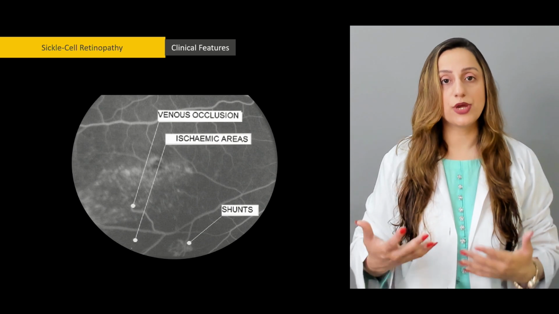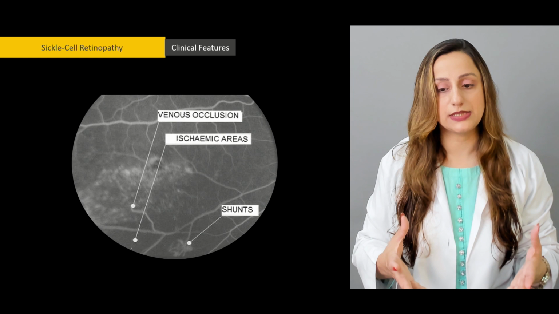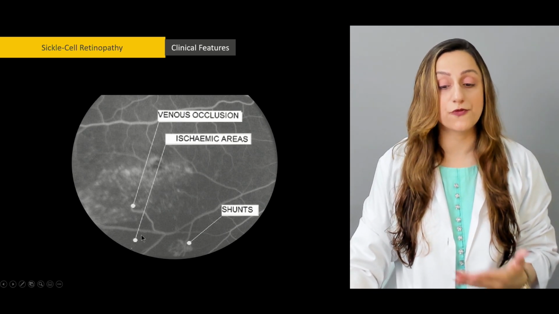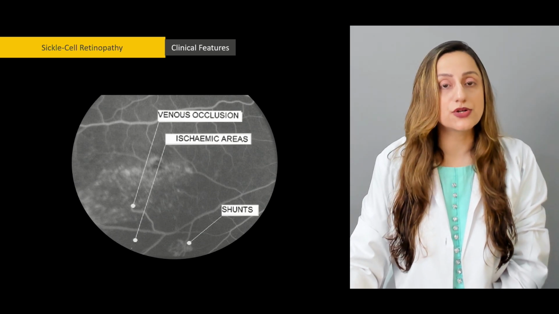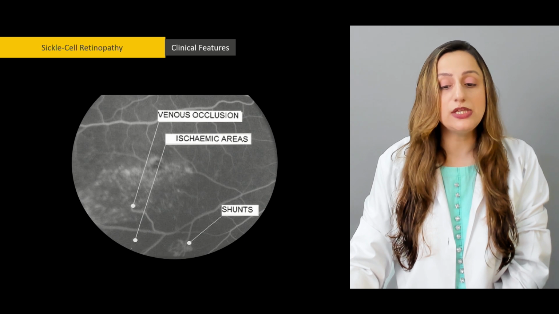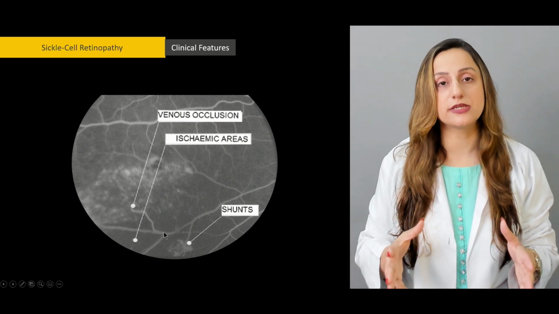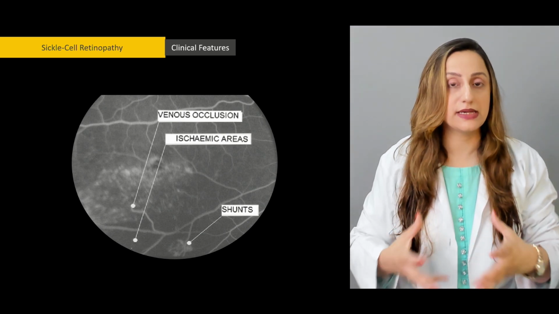The blood is going to be hindered to these particular areas in the retina. After these ischemic areas are formed, neovascularization is going to take place. New vessels are going to be formed, and even new AV shunts, that is arteriovenous shunting systems, are going to be developed to overcome this ischemic or anemic condition.